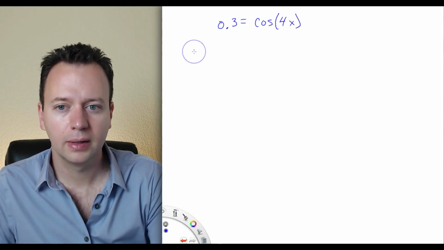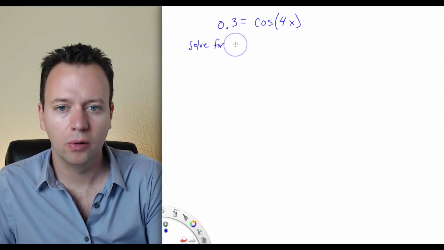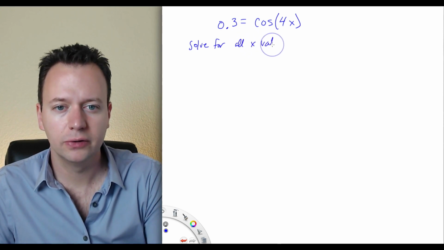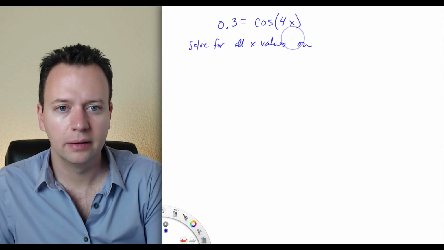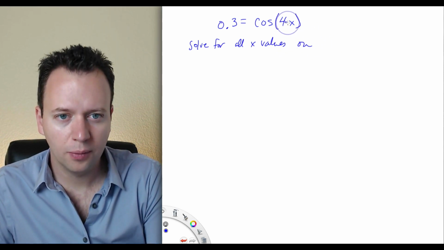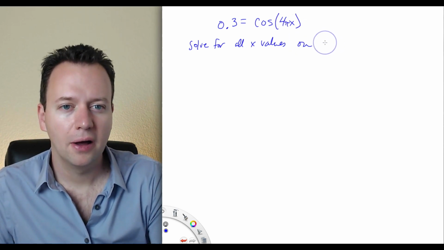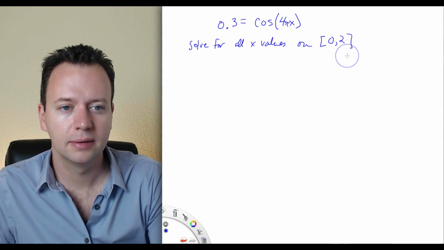So solve for all x values on, let's make it 4 pi x. We'll see what happens on the interval from 0 to 2.